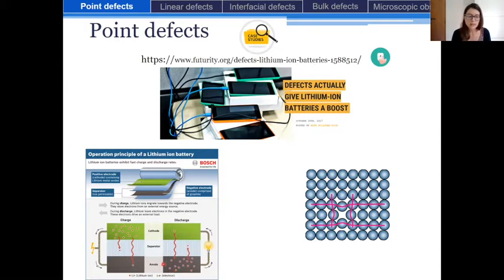And so what is occurring during the charge of the battery? You have the lithium ions that migrate towards the negative electrode, and so they store electrons from an external energy source. So the lithium ions become lithium atoms, neutral ones.